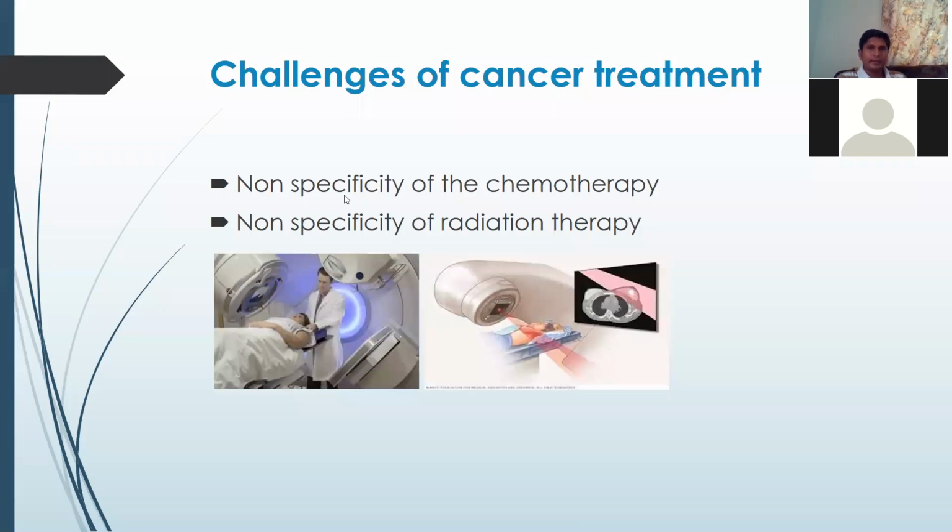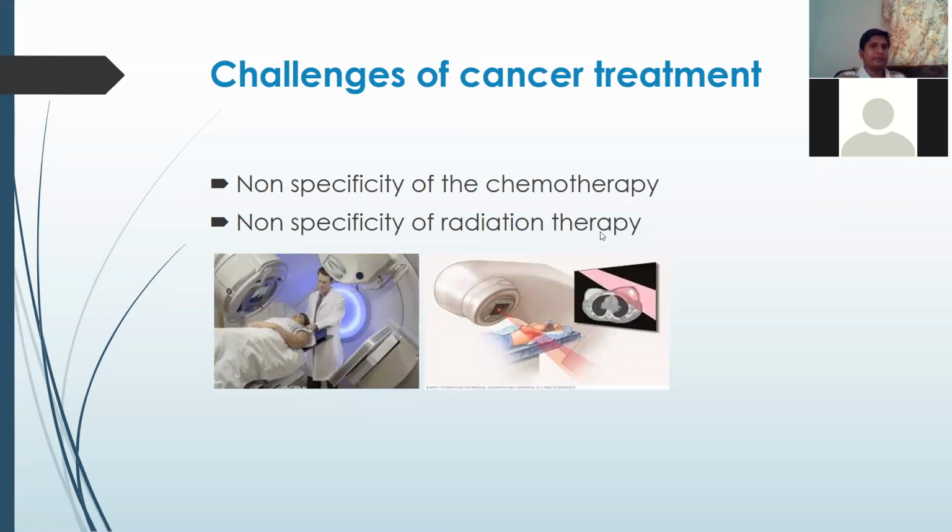So these challenges are the non-specificity of the chemotherapy. The therapeutic drugs that are currently available are non-specific. They are beneficial, of course, but at the same time they also have a huge number of side effects, and they also kill the healthy cells in addition to the cancerous cells. And at the same time, there is non-specificity of the radiation therapy.